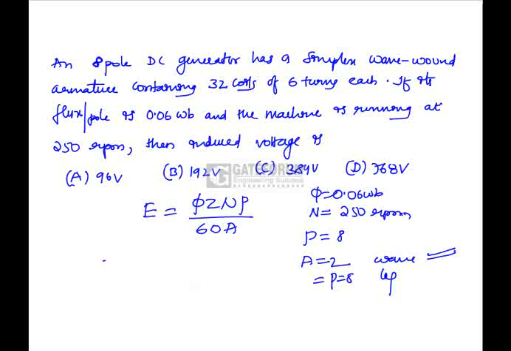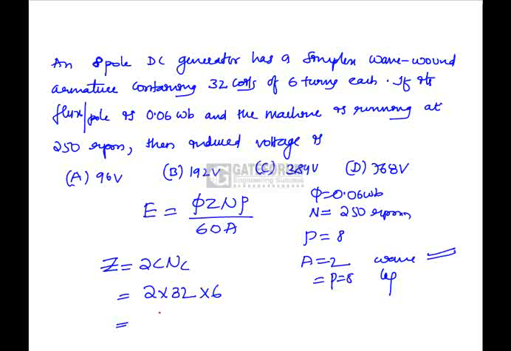Now, important thing here, we have to find number of conductors Z. Total number of conductors Z is equal to 2C into NC. 2 into, we know the number of coils in this armature winding is 32, and each is having 6 turns.